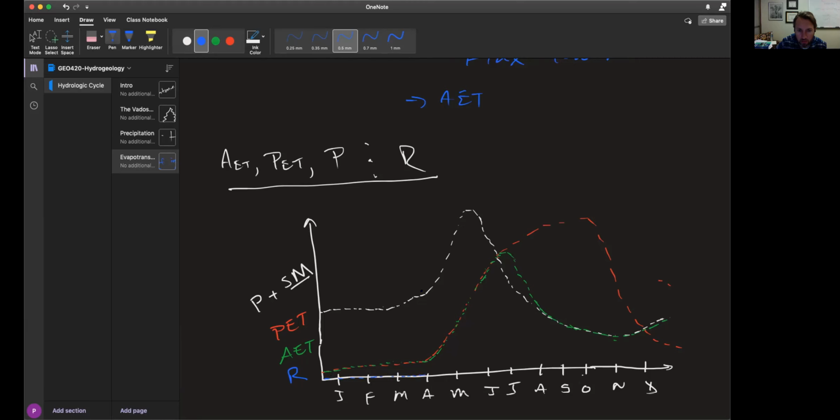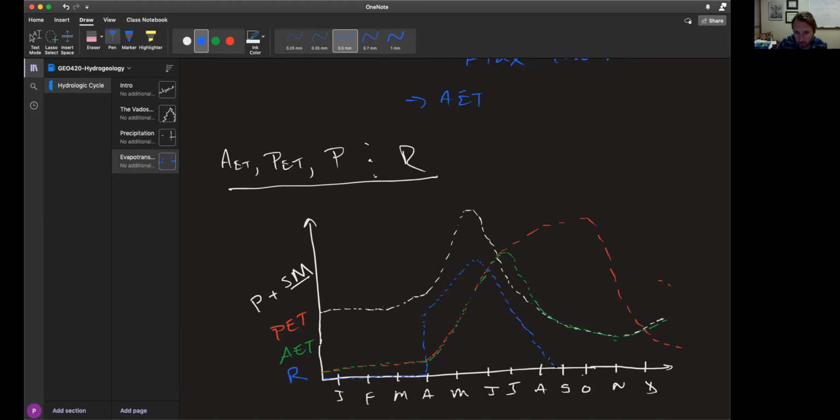But as soon as snow starts to melt, here in March, recharge is going to increase. And it's essentially going to be equal to the P minus the AET, all right? And I'm going to kind of try to make that plot here. And as these two start to coincide, it's going to come back down.